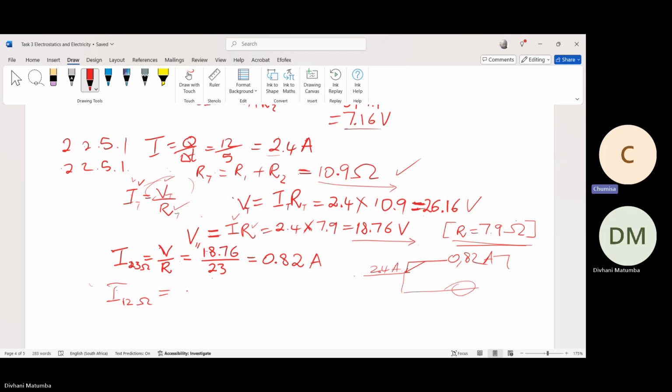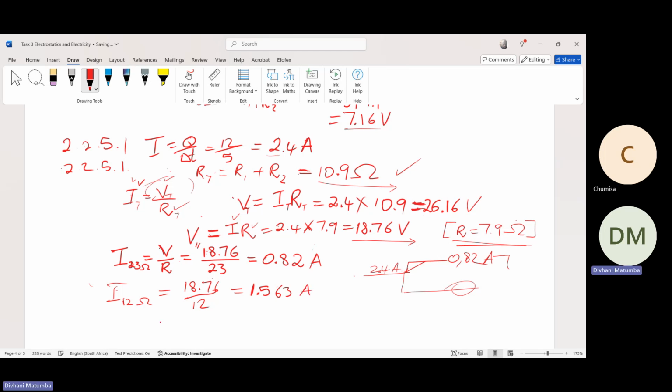We can do 18.76 divided by 12. That's another way. So how much are you going to get? 1.563 amperes recurring.